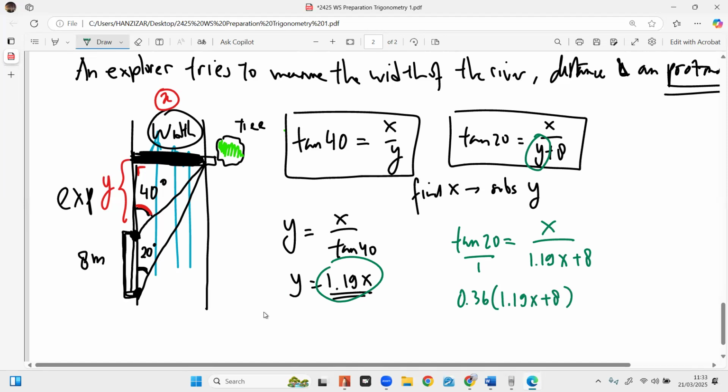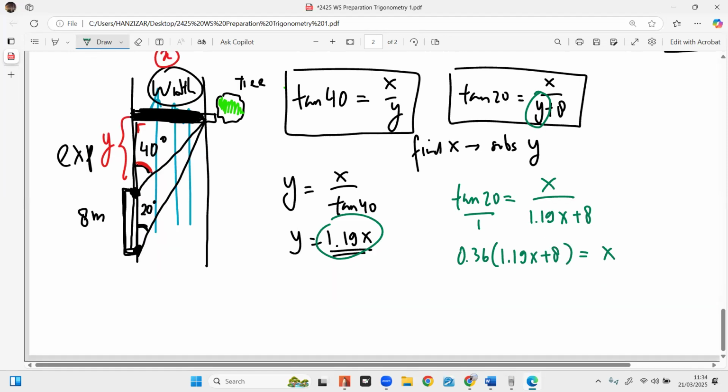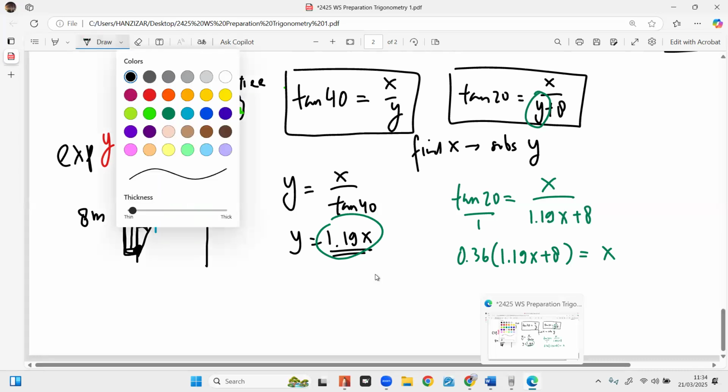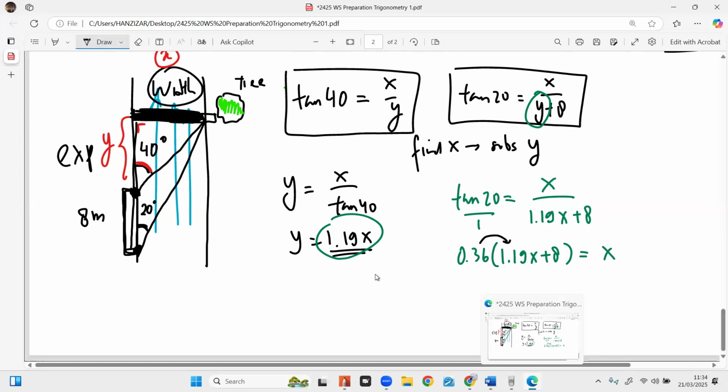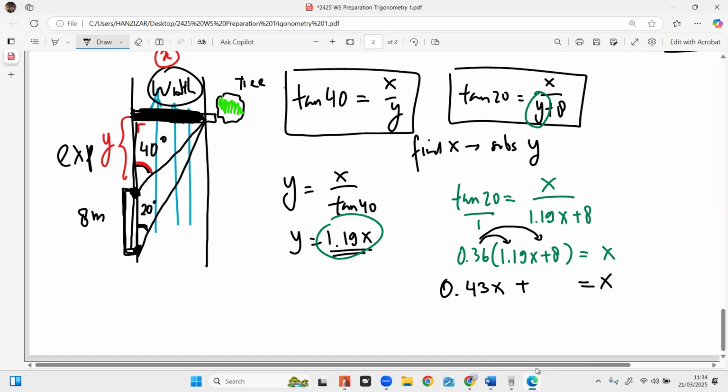You are doing the same thing over and over again. We have done this 3 times, right? So hopefully you understand now. Please someone help me calculate 0.36 times 1.19x. 0.428, okay, 0.43x. One more, 0.36 times 8 is 2.88.